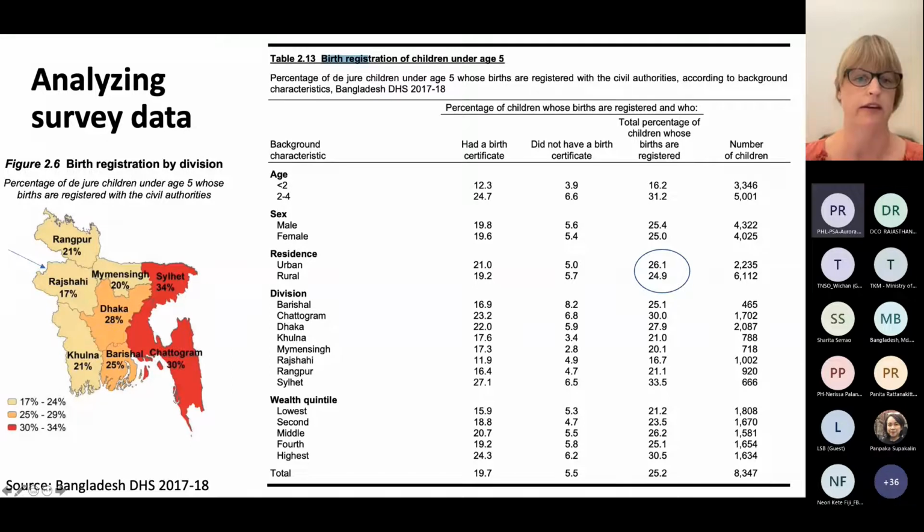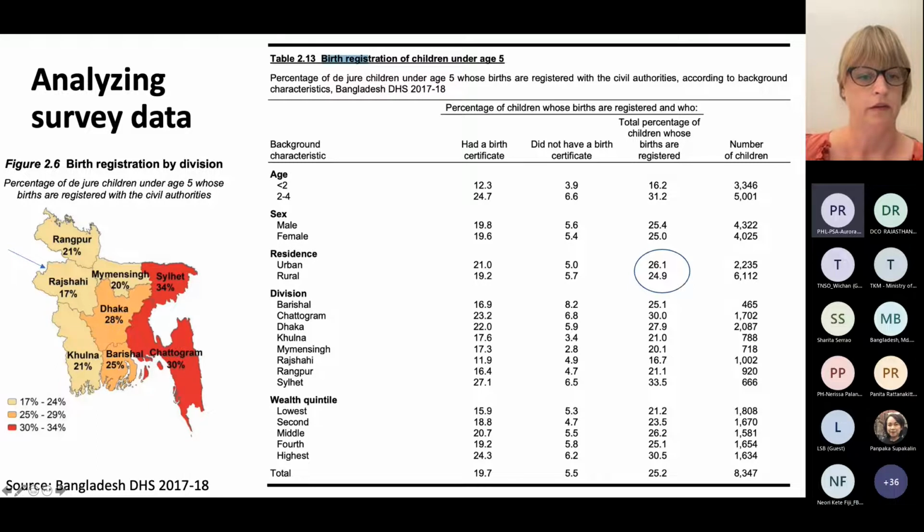So you don't necessarily have to do the calculations, but it's helpful to look at the data and have a think about it. So I went to look at the DHS website in the Asia Pacific region for the most recent one, and Bangladesh came up as one that looked at birth registration completeness and was fairly recent.